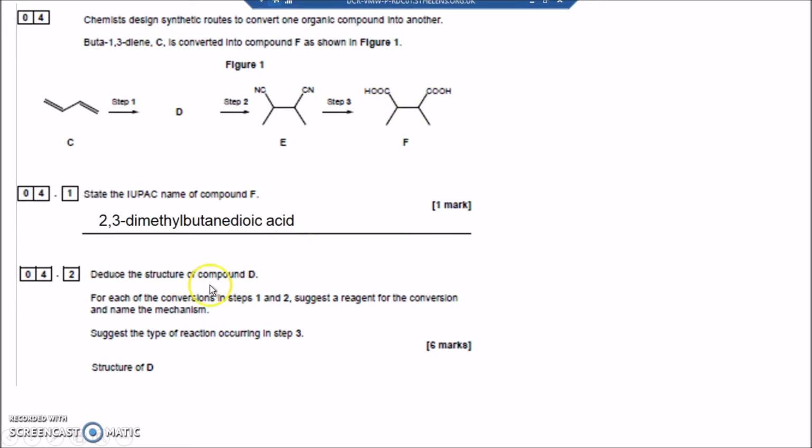Deduce the structure of compound D. Suggest a reagent for the conversion and name the mechanism. Suggest the type of reaction occurring in step 3 and the structure of D. That's a tough question. Deduce the structure of compound D, the middle one here. So something's happened here: CNs have replaced something on this chain.